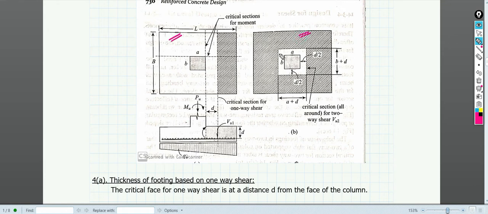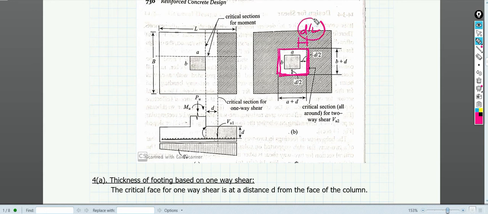In two-way shear, this particular rectangular chunk might come downward inside the footing. This portion will act in the upward direction and this portion will go downward. The critical distance for two-way shear is at a distance d by 2 from the face of the column.